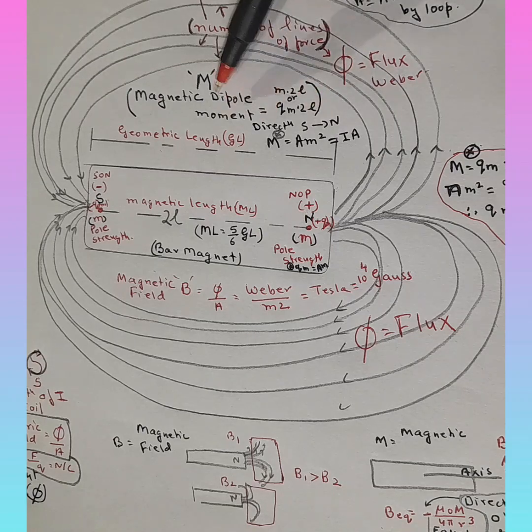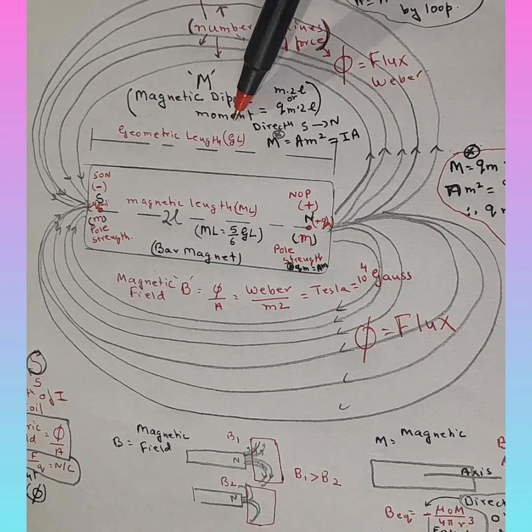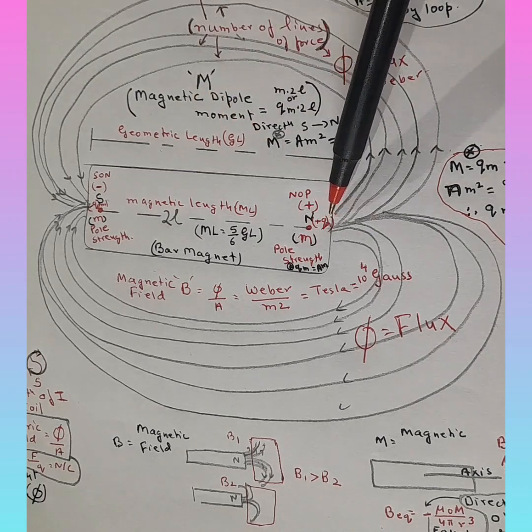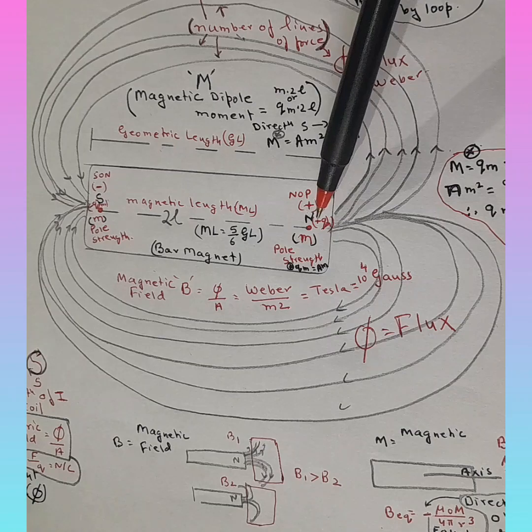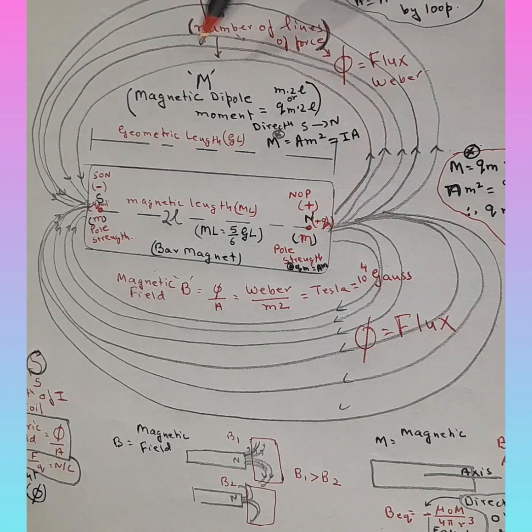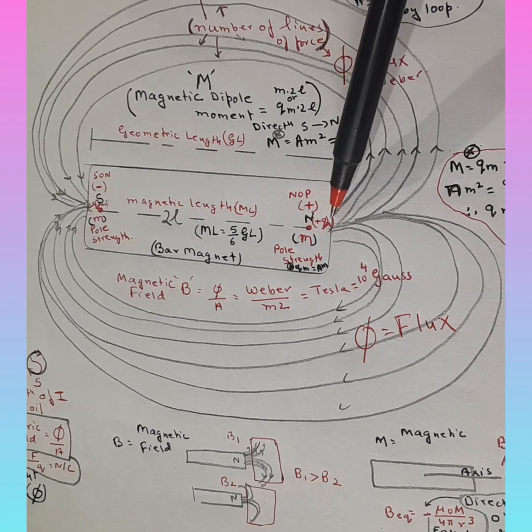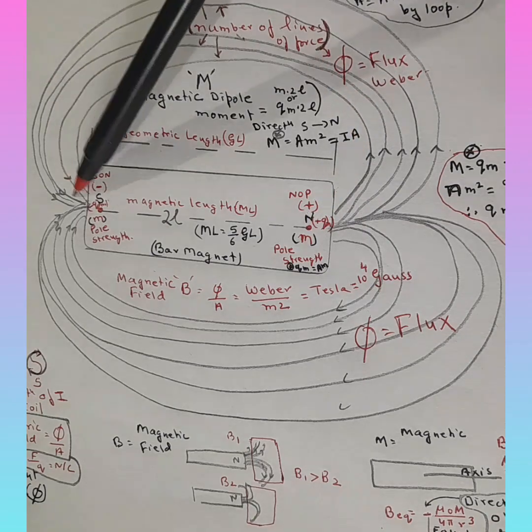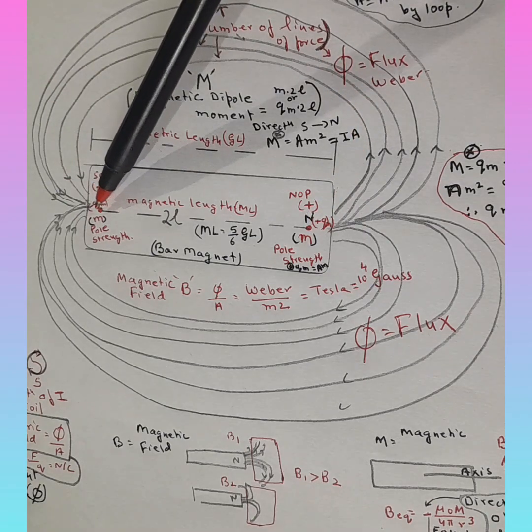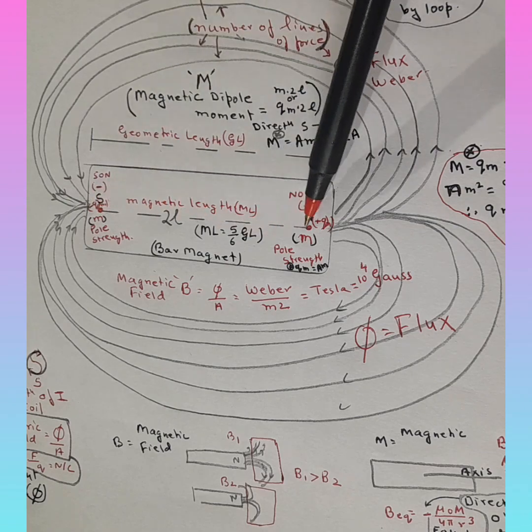Alright, so this is the magnitude of the magnetic dipole moment. Fine, now let us talk about the direction of the magnetic dipole moment. As I already mentioned, the lines of force erupt out from positive and then get into negative, that is, they come out from north and then get into south, and inside the magnet it goes from south to north.